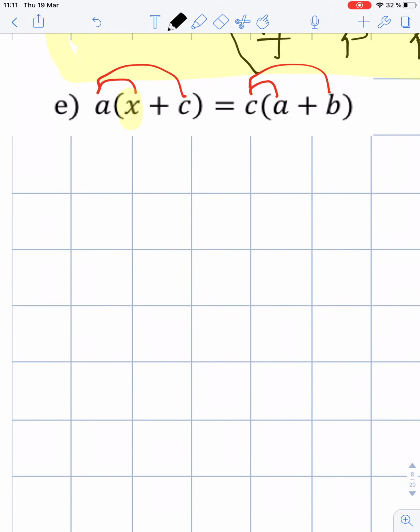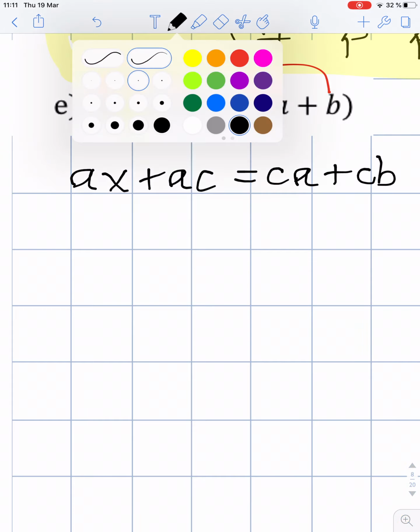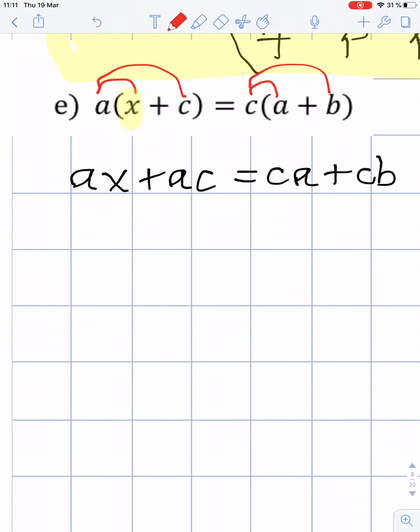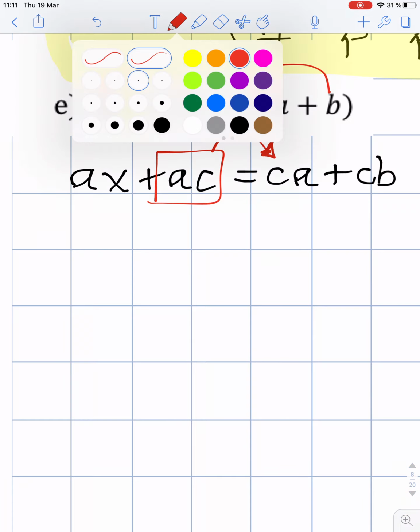Expanding the brackets means ax plus ac equals ca plus cb. Now again, remember, there's a pattern. When you have an addition, the addition passes to subtract, or minus passes to add. This ac that is adding is going to pass to subtract on your right.